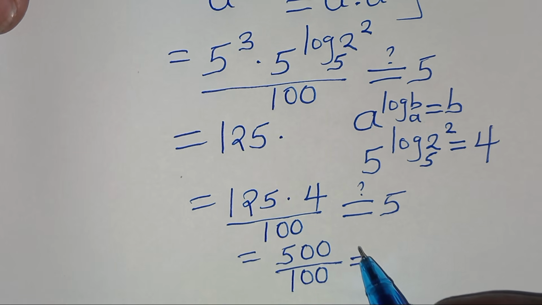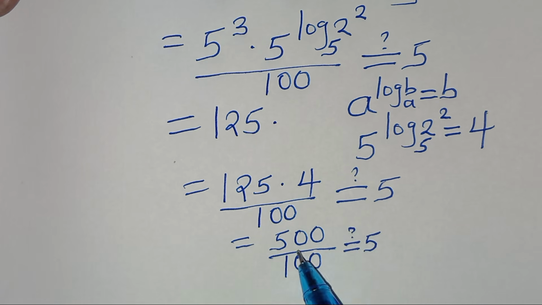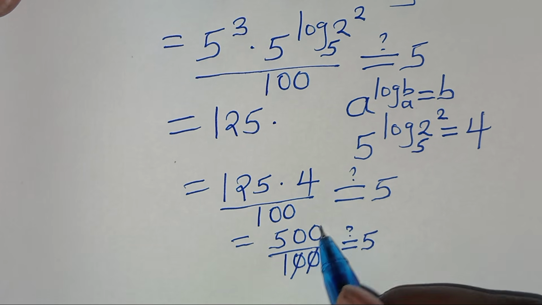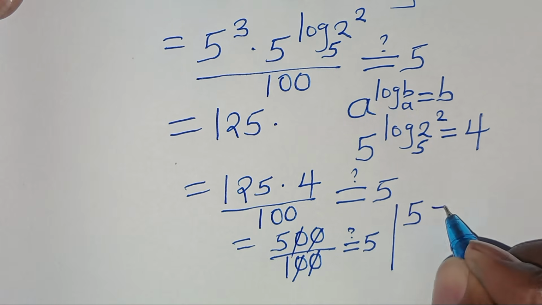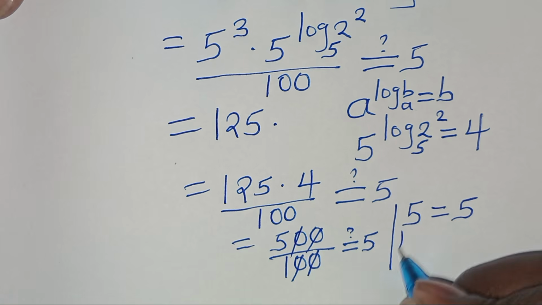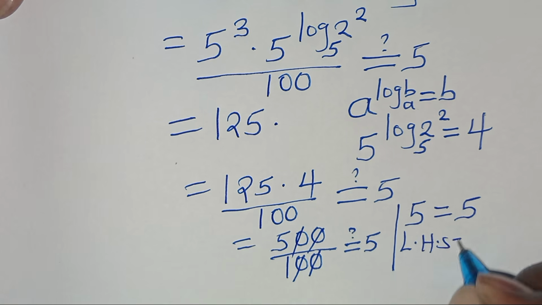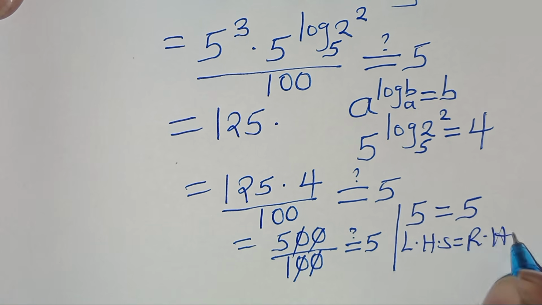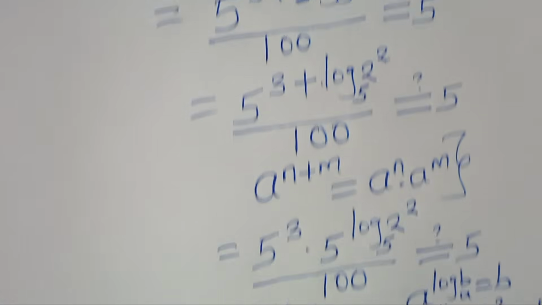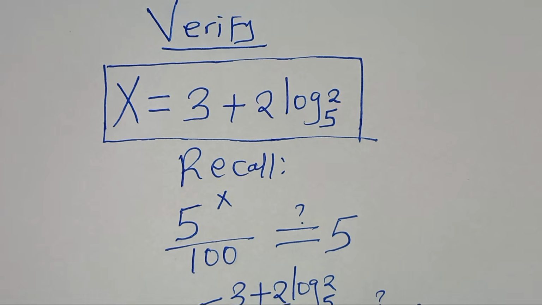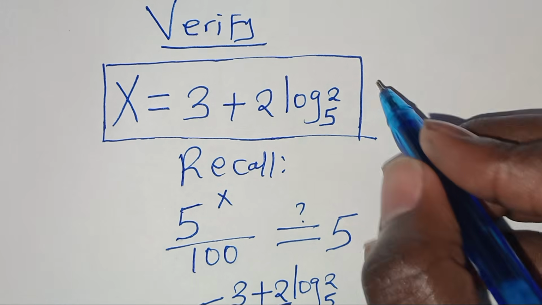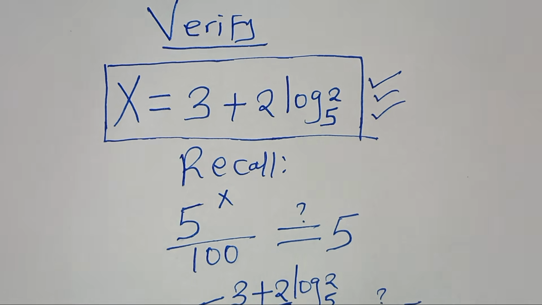Now we can simplify here: 500 divided by 100 is equal to 5. And this implies that 5 is equal to 5. So the left hand side is equal to the right hand side. And this means that the value of x, which is equal to 3 plus 2 log 2 to base 5, actually satisfies the equation.